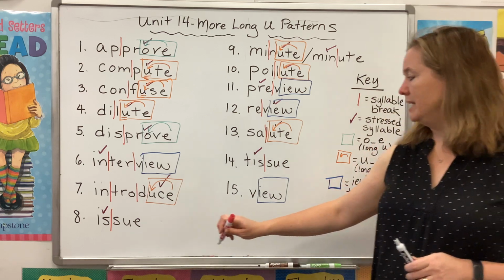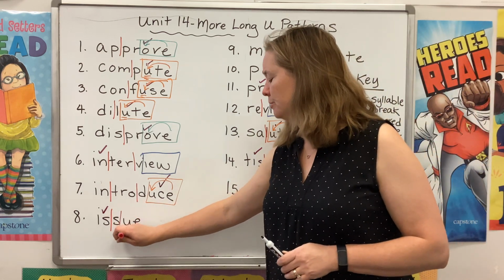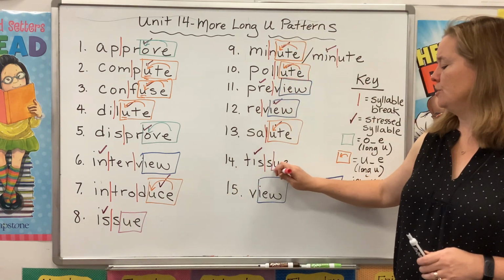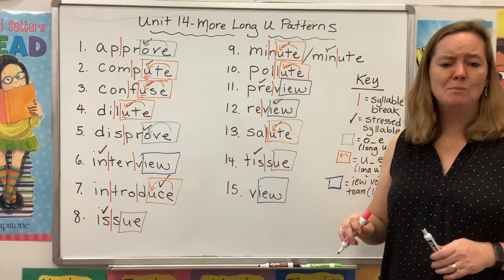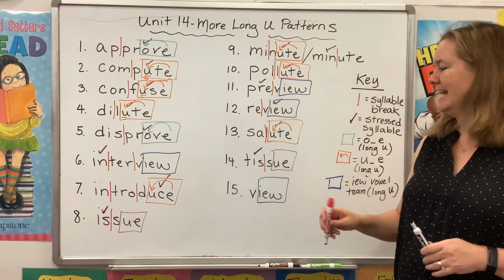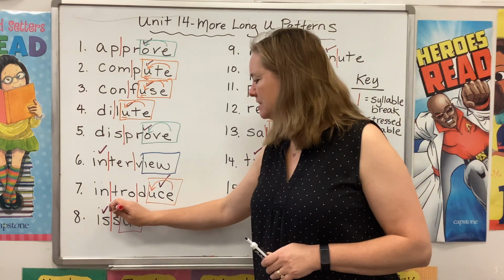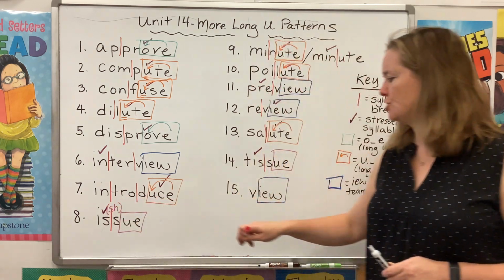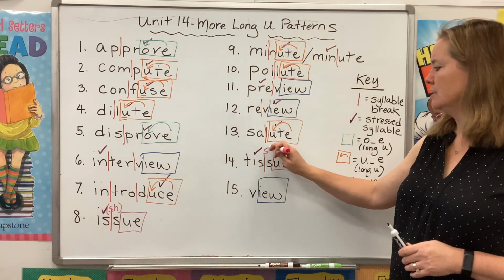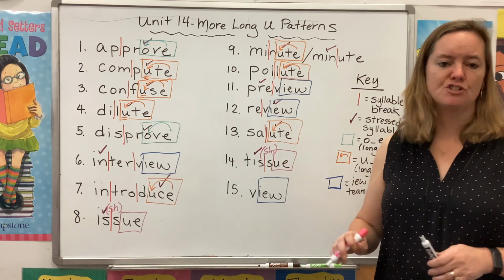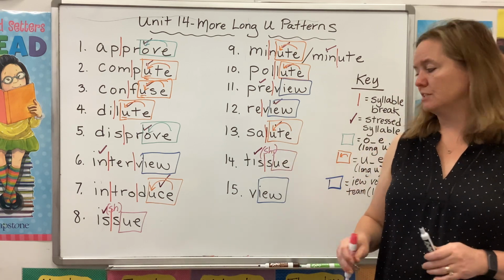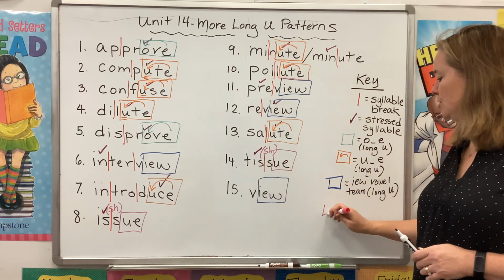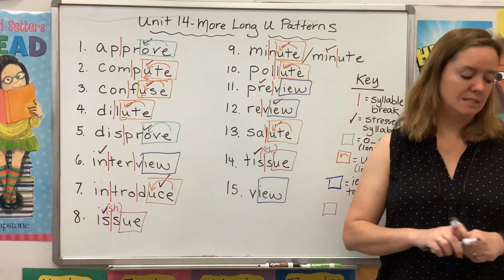But here we have issue and tissue. And what's kind of weird about this is the SS is somehow turning into a sh sound. Issue, tissue. It seems like there should be an SH in there, but there's not. So that's a little funky, but we have the UE vowel team.